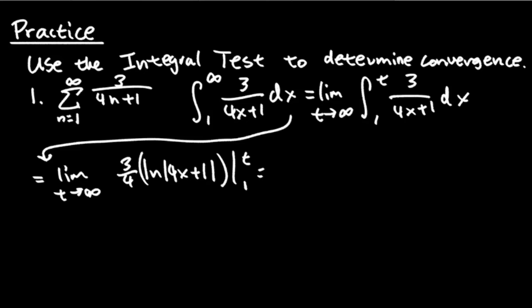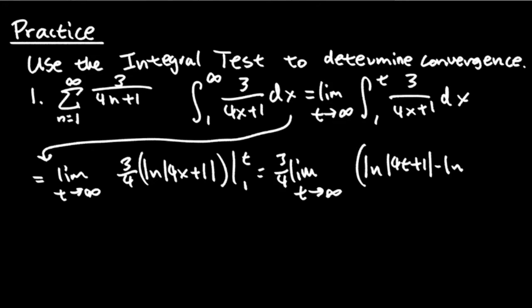I'm just going to move the 3/4 in front. Okay, so that'll be ln of 4t plus 1 minus ln of, I'll just make that 5.